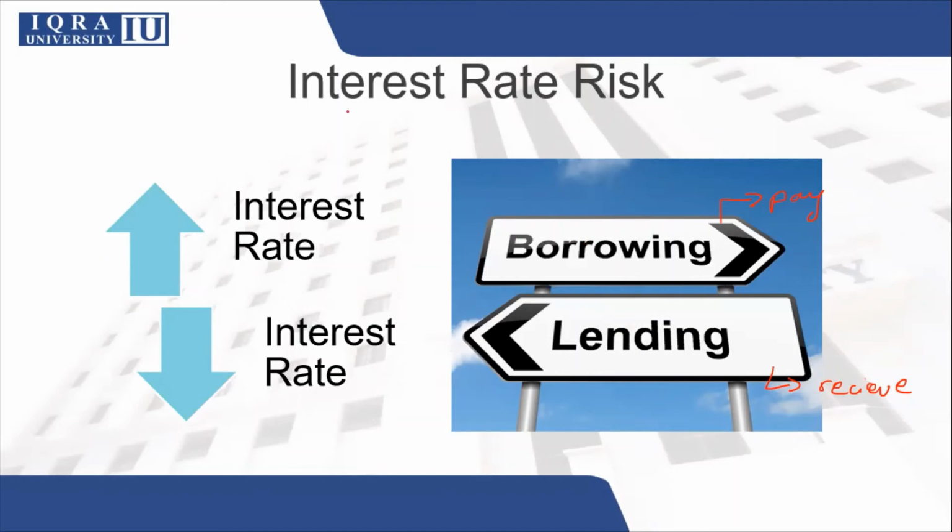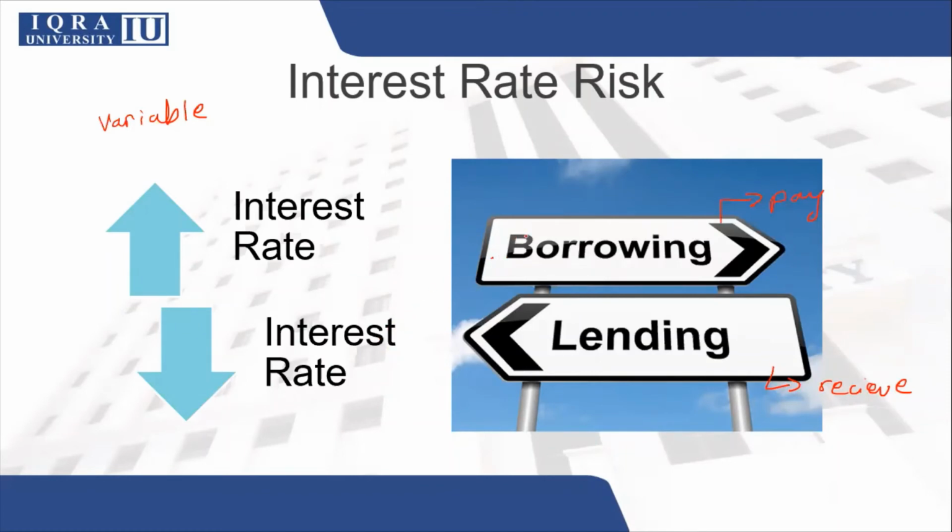Now let's assume that the organization has a variable interest rate for whatever instrument they have used. If they have a variable interest rate and the interest rate increases, then the borrowing cost is going to increase. But if the interest rate does decrease, then they will be at an advantage because the borrowing expense is going to decline.